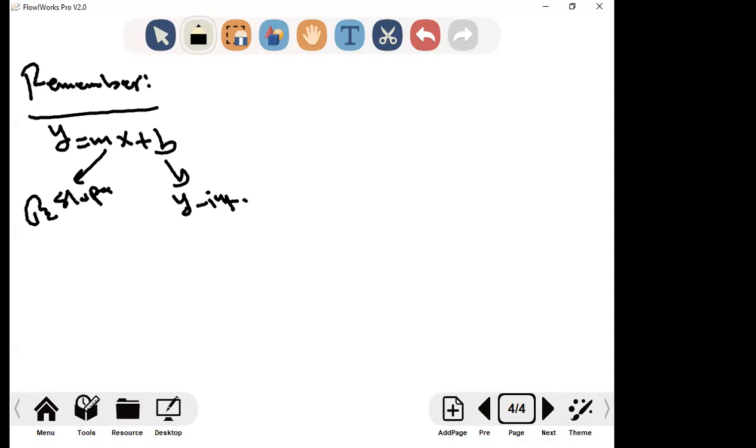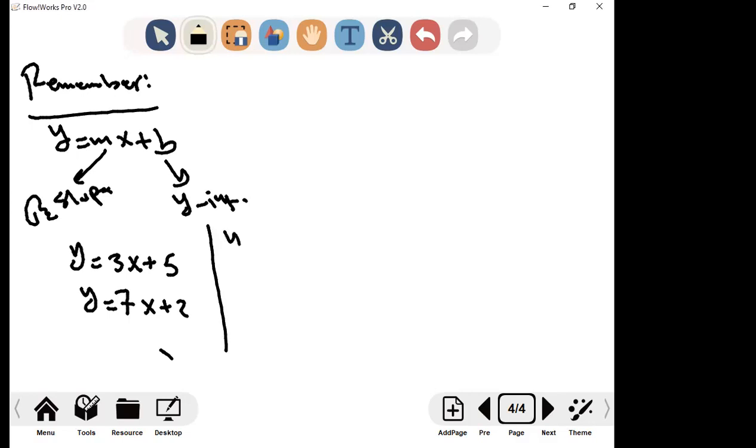Look at these two lines. y equals 3x plus 5 and y equals 5x plus 2. And y equals 5x plus 7, y equals 5x minus 11.